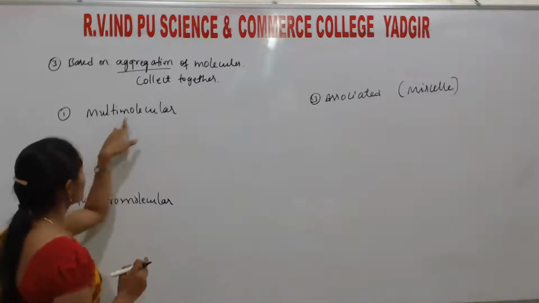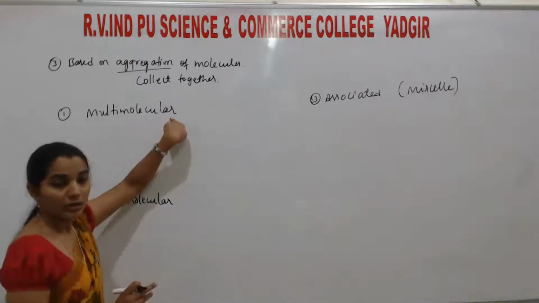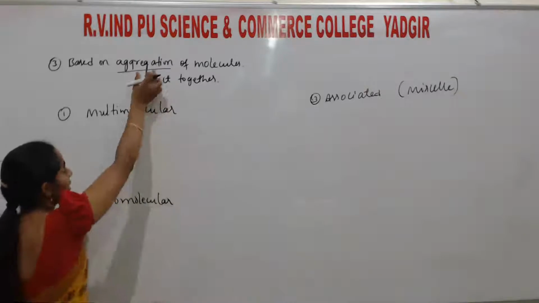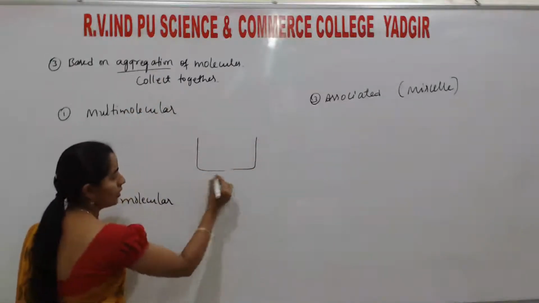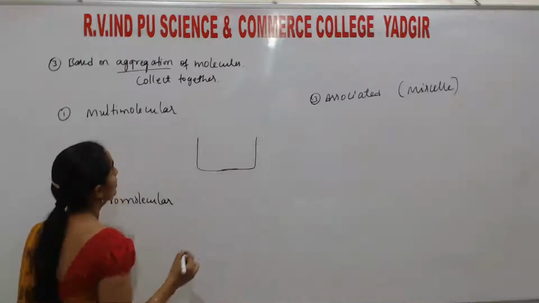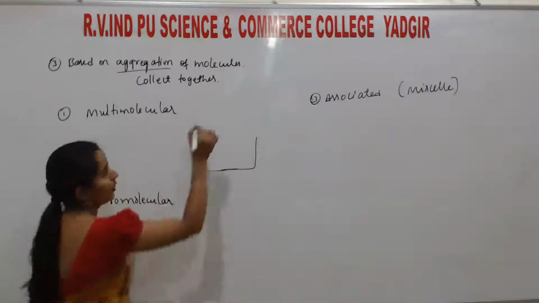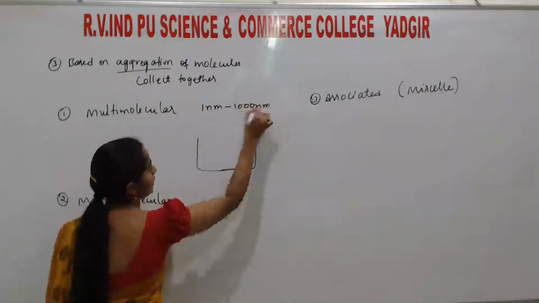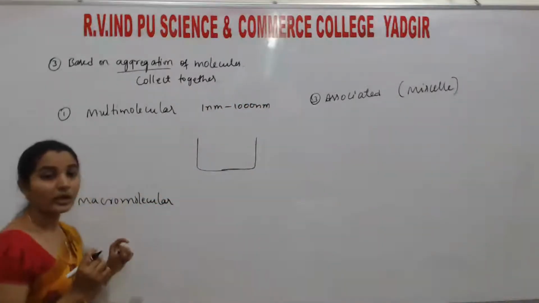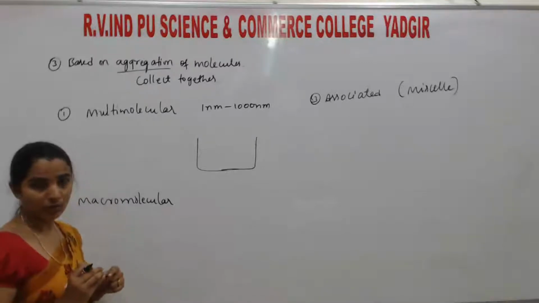So what is multimolecular? What does aggregation mean here? The range of the size of a colloidal particle is between 1 nanometer and 1000 nanometer. Aggregation means collection, I told you.